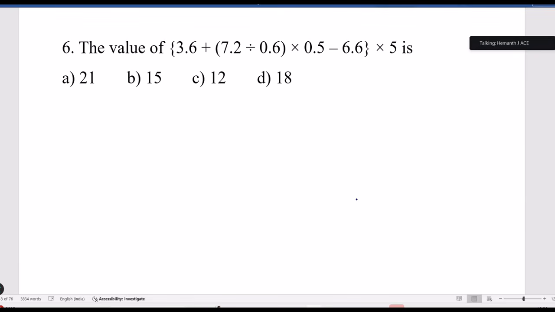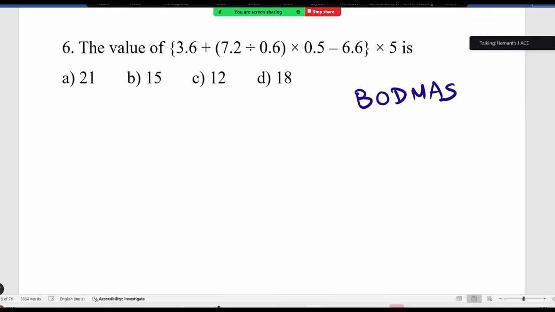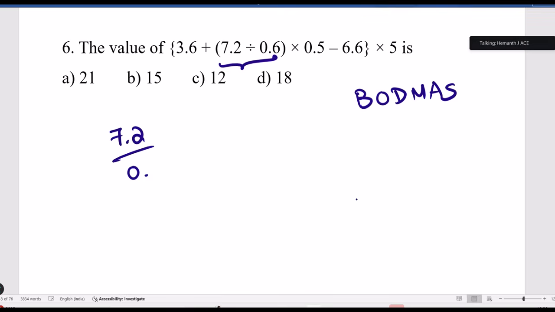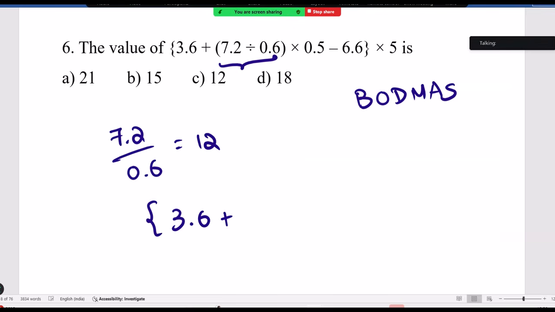So we know inside the brackets, okay, BODMAS rule, first we have to work inside the brackets. So inside the brackets, this one, again inside that, this is the first priority. 7.2 divided by 0.6, this is nothing but 12, that is 72 divided by 6. Now that bracket is completed, we got it as 12.